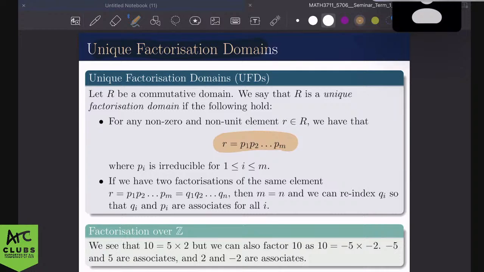Which means that the number of elements is always the same. So if you've got two factorizations, P1 down to Pm and Q1 down to Qn, then that means that m is equal to n. And also we can reindex so that the corresponding elements are associates. So P1 is an associate of Q1, P2 is an associate of Q2, and so on and so forth, where associates are basically the same thing. Okay.